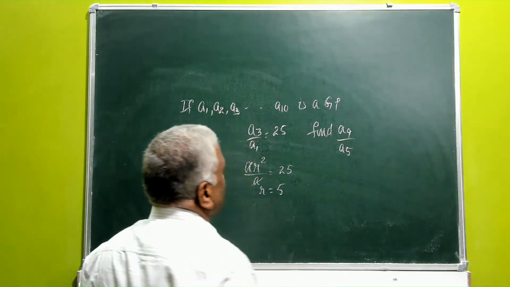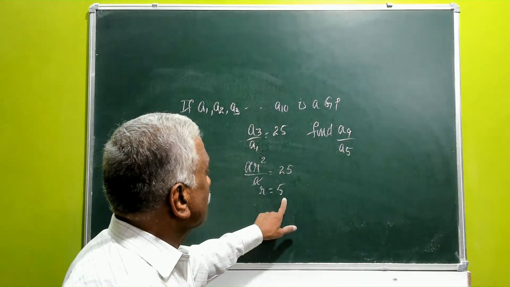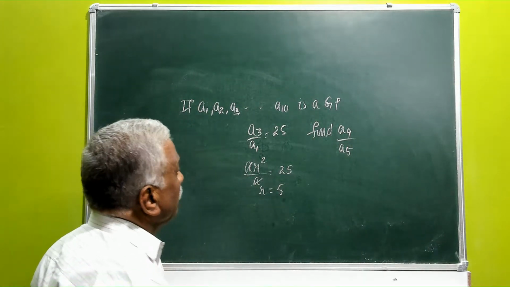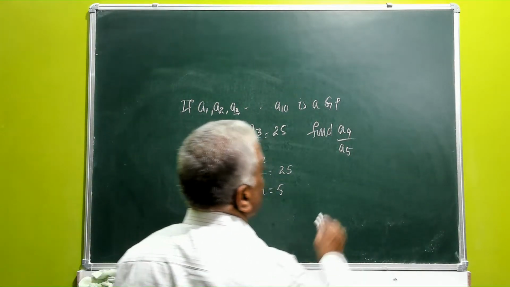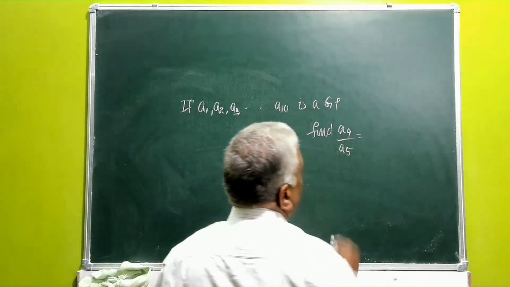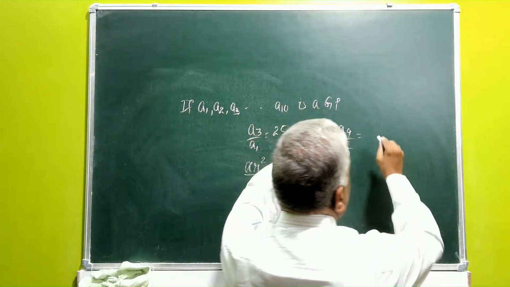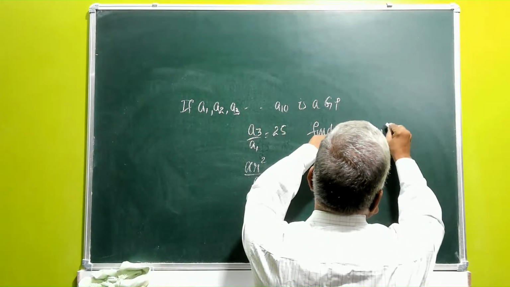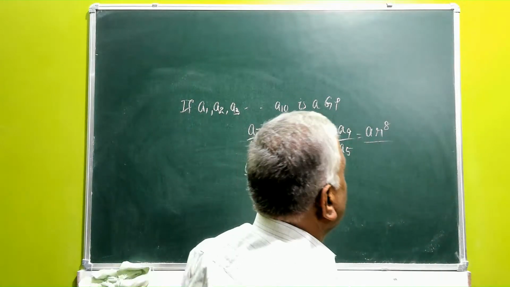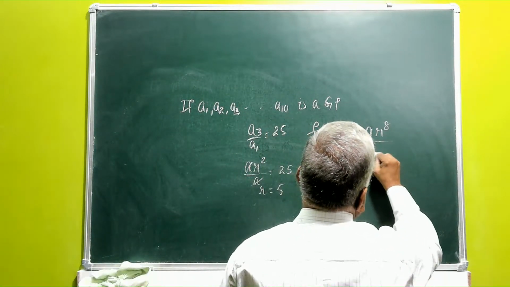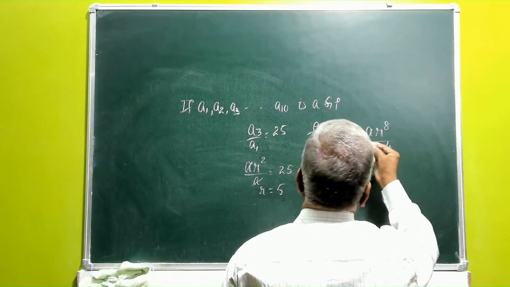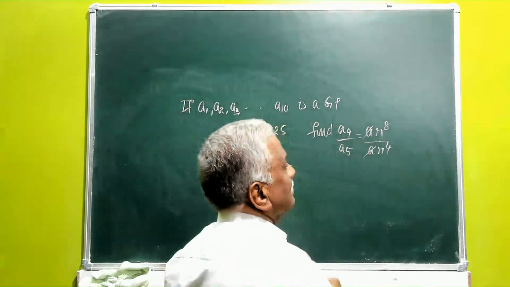Now, if r is equal to 5, you can find out what is A also. Let us work this out. A9 means a r to the power of 8. A5 is a r to the power of 4. You can cancel a here.